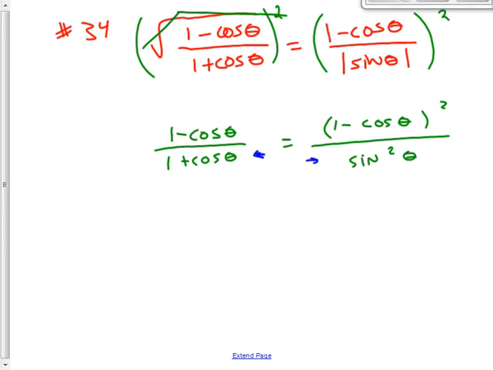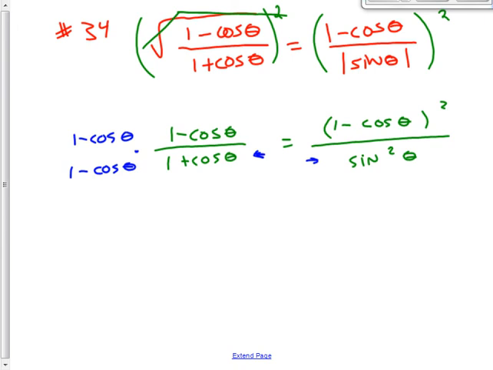The way I want to think about this is kind of like the way that we thought about complex numbers. When I see this, I want to multiply by the conjugate, because on the top I get 1 minus cosine theta times 1 minus cosine theta, which is 1 minus cosine theta squared. So the top already matches.